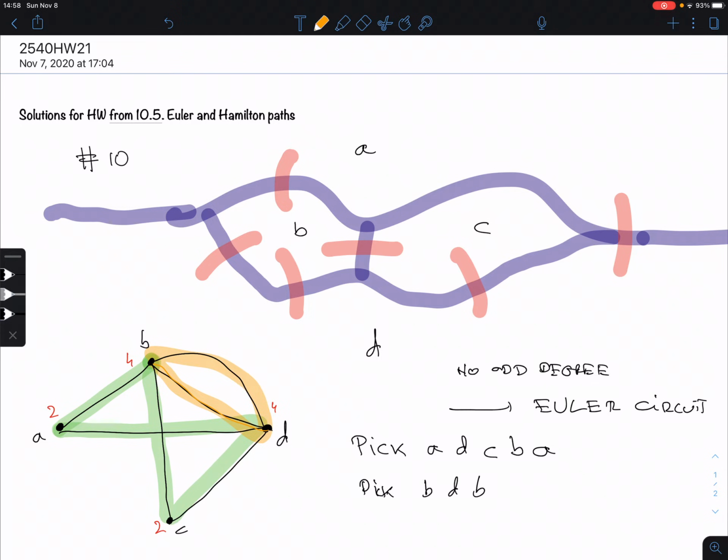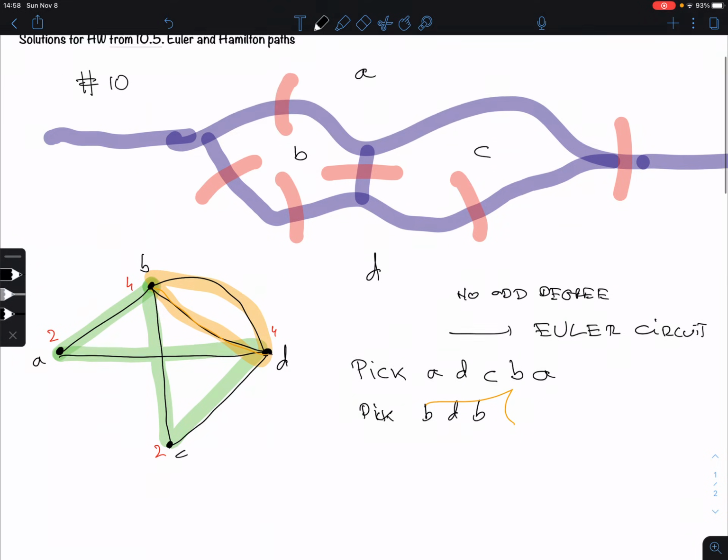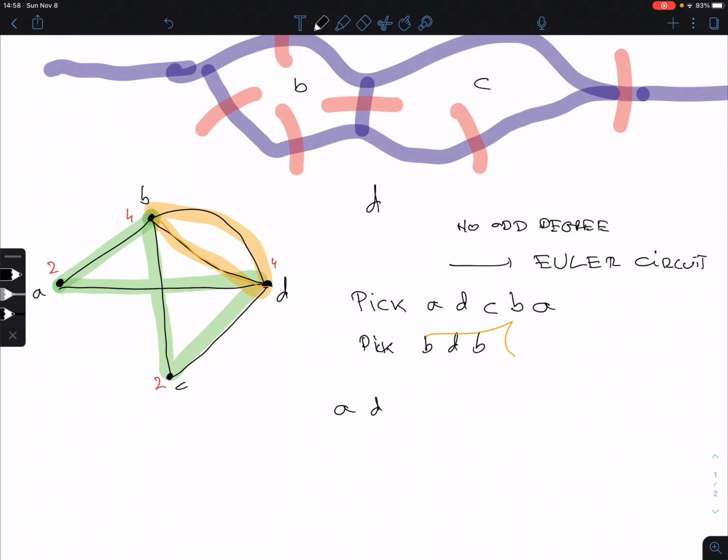Okay, and then the whole thing is we put these two together. In our first part we go A, D, C. So put together here, this is the last step. A, D, C, B. Once we reach B, we say, oh, wait a sec, I have a detour: D, B, and then A again.